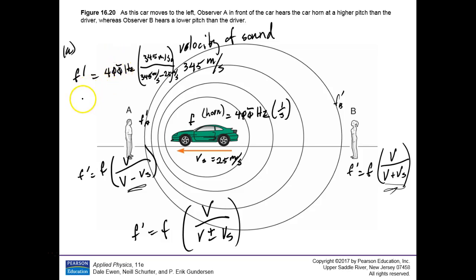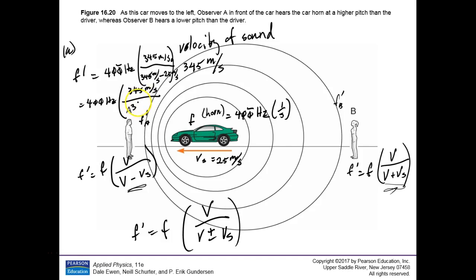So let's see what we've got. Okay? That would be 400 hertz times 345 meters per second. And in the denominator, you just subtract these two. What would that become? Subtract 25 from 345. Pretty easy.